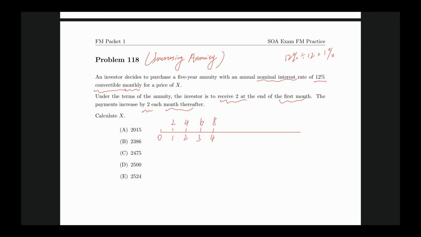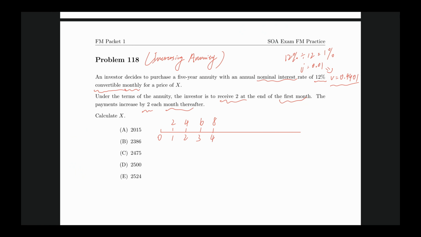Maybe I can use j to stand for the effective interest rate per month, that's going to be 0.01. And I can also find the monthly discount factor, v, by finding 1 over 1 plus j. This is going to be 0.9901.